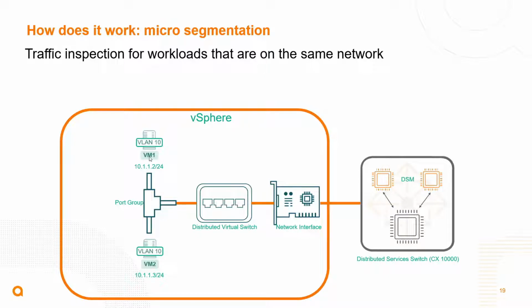So basically, lateral attacks are very easy to do, and that's something that you would like to prevent. If one of the VMs is infected, you want to prevent spreading that infection laterally onto the other VMs. And that is what microsegmentation does.